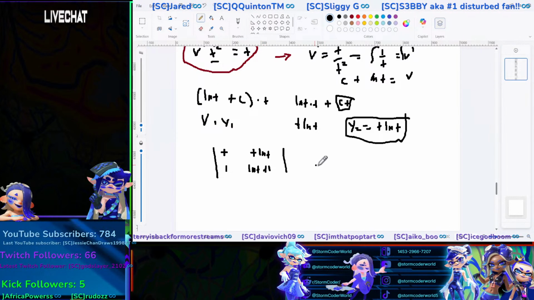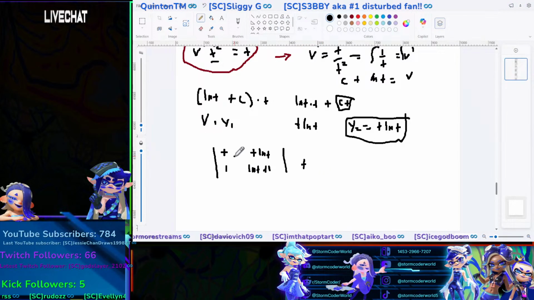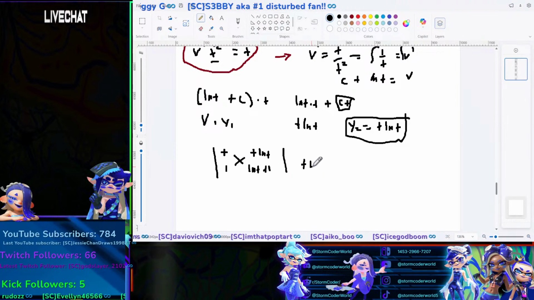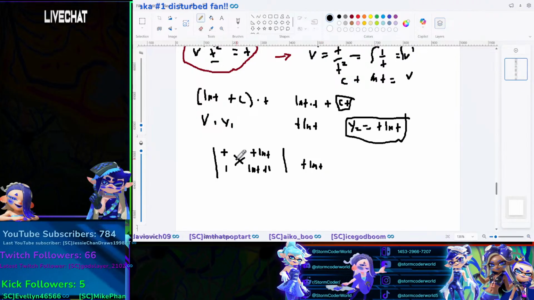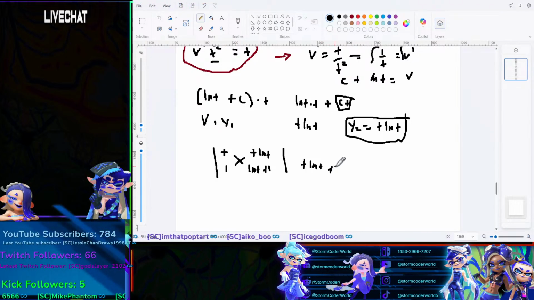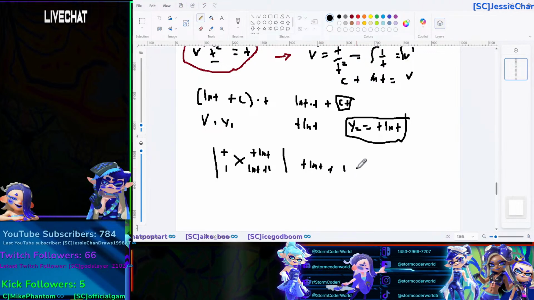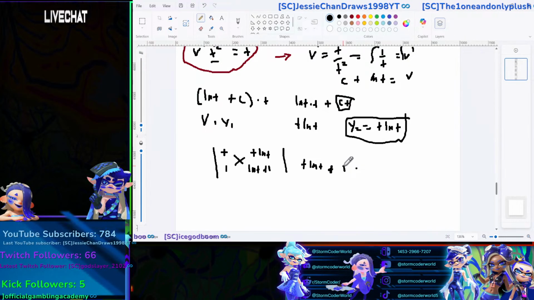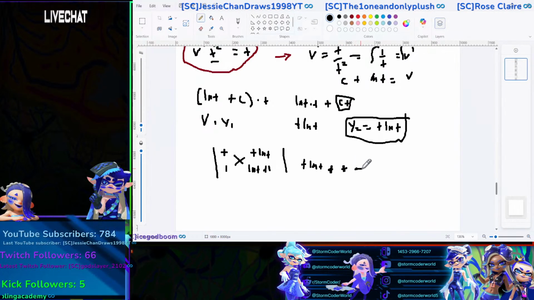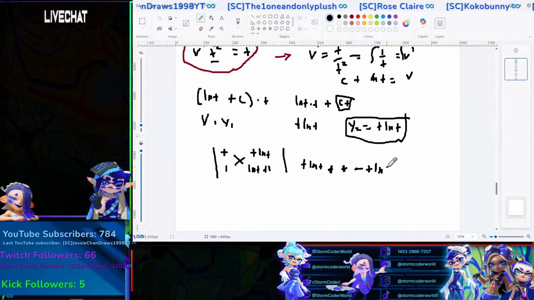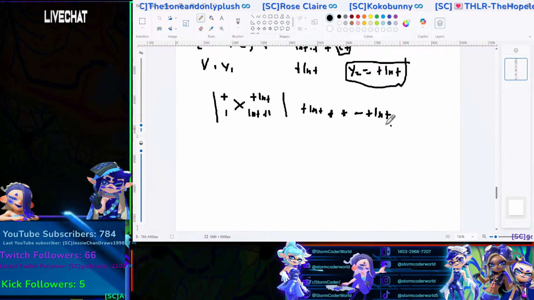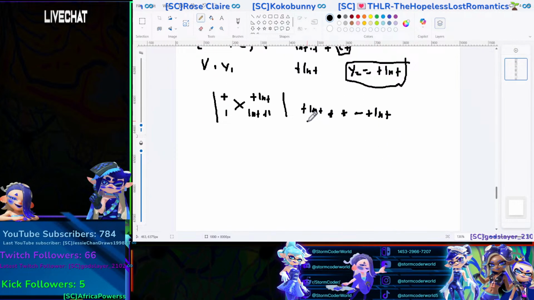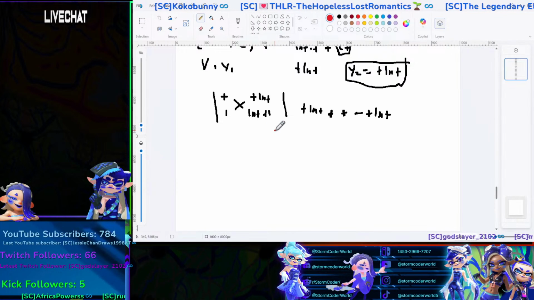So now when we do the math here, another cross product rule, get t ln t plus t, plus t here, minus t ln t, and these factors cancel, so cancel those factors.